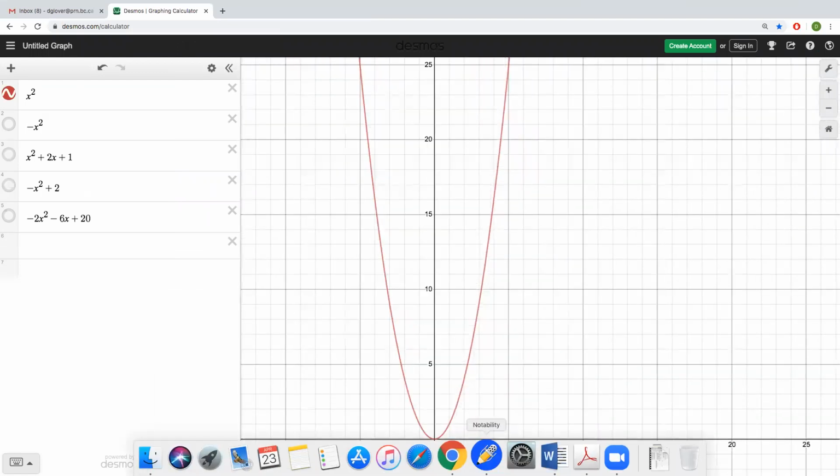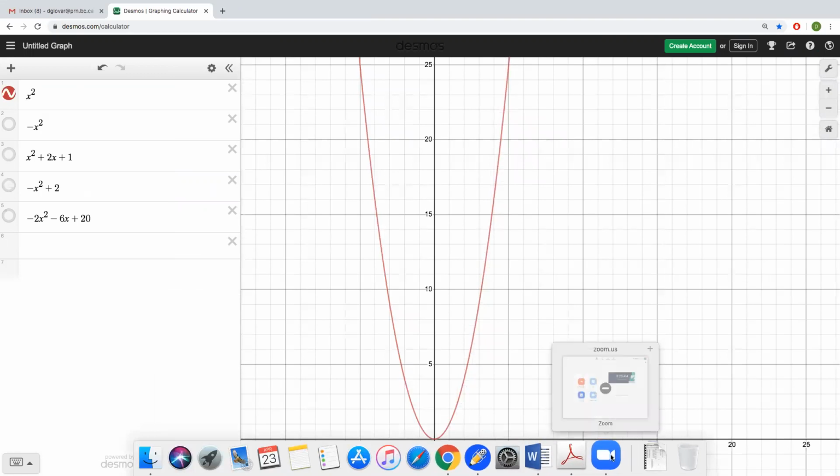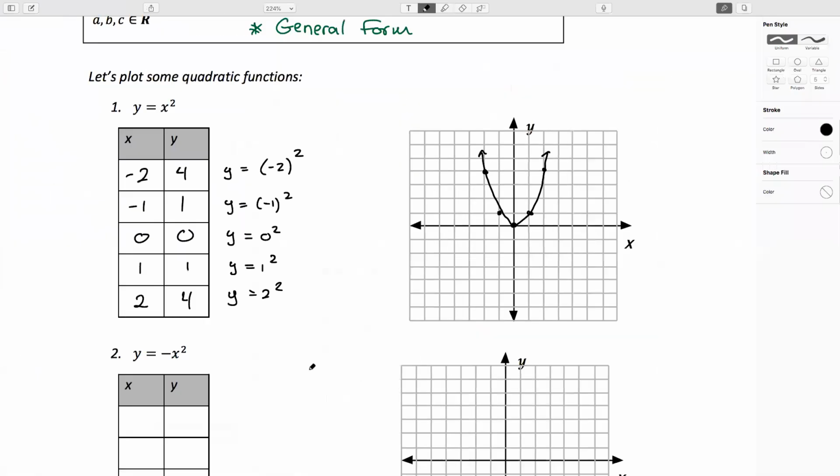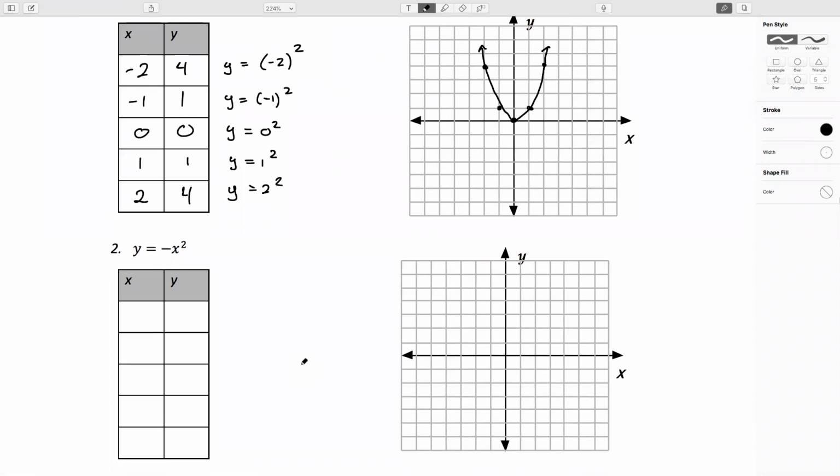All right, moving on. Let's graph another one. Let's graph -x squared. So we're going to pick the same points: -2, -1, 0, 1, and 2. But this time, instead of just y equals x squared, it's y equals -x squared. So this would be y equals -(2 squared), which will be -4.